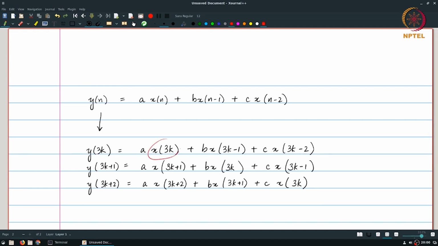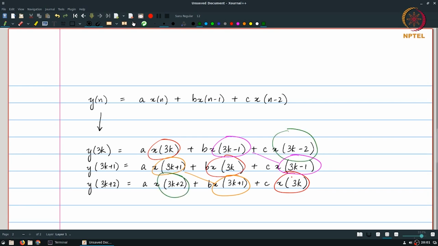In other words, there is an x of 3k here, here, as well as here. There is an x of 3k minus 1 in these two places, an x of 3k plus 1 in these two places, and the last two terms, in other words, the x of 3k minus 2 and x of 3k plus 2 are only used once in this set of equations.